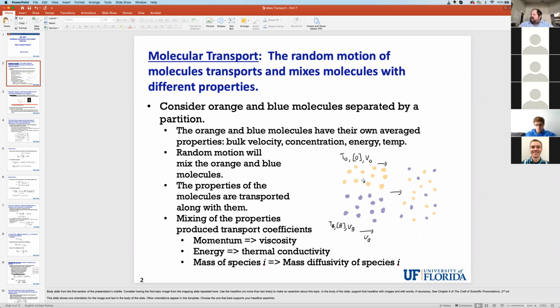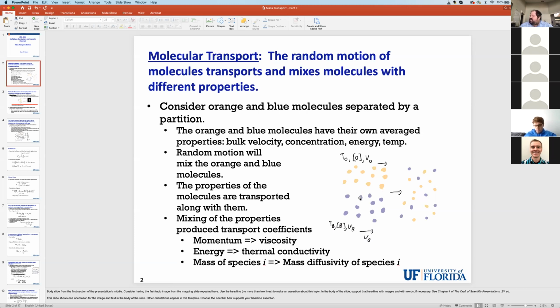If we were to track not just the mass of the blue molecules moving up, but the momentum of the molecules, you could derive from first principles, using the kinetic theory of gases, which I'll discuss very briefly, Newton's law of viscosity.